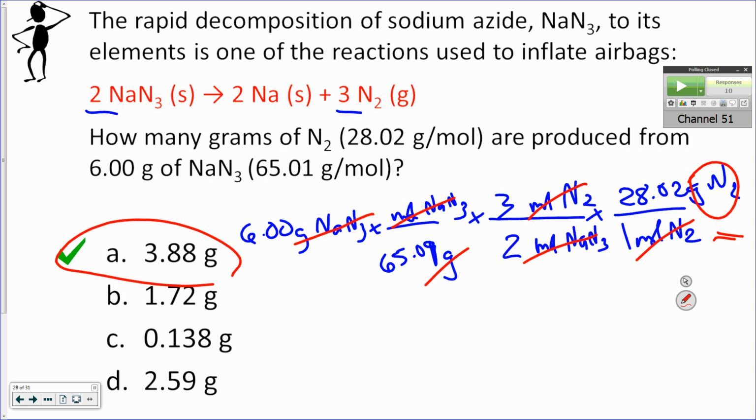.88 grams. Okay. It's typical of the types of calculations that we're going to be doing. We're going to be applying these to equilibriums, to titrations, to everything else. Sometimes we come up with the moles with a mass, sometimes we come up with the number of moles.